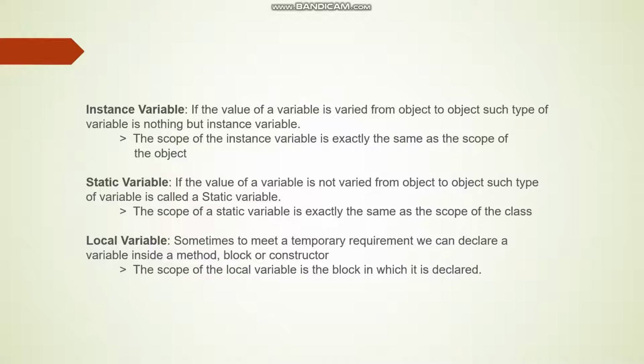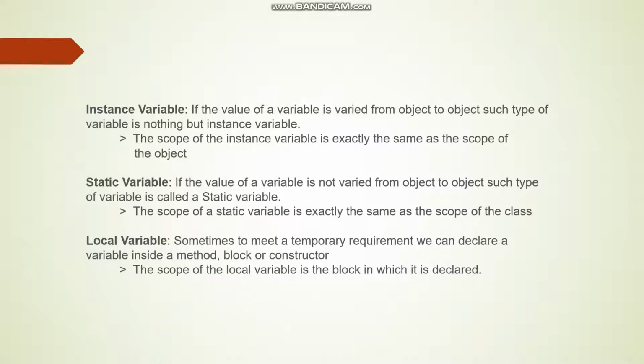And the scope of a static variable is exactly the same as the scope of the class, because static variables are created at the time of class loading and destroyed at the time of class unloading.